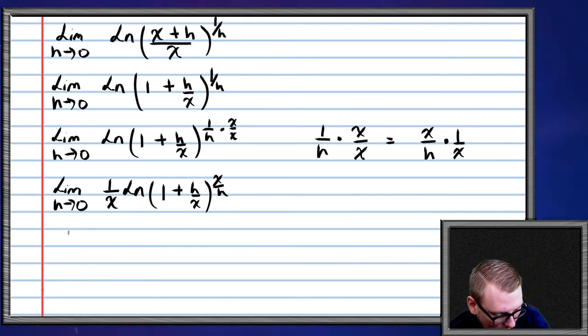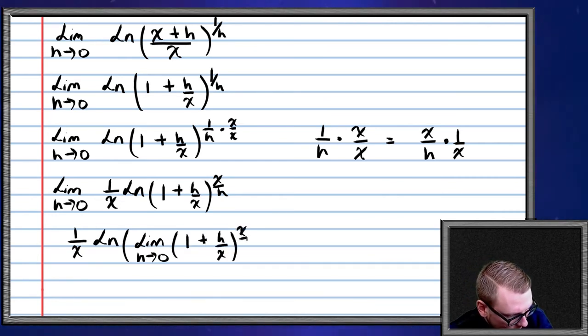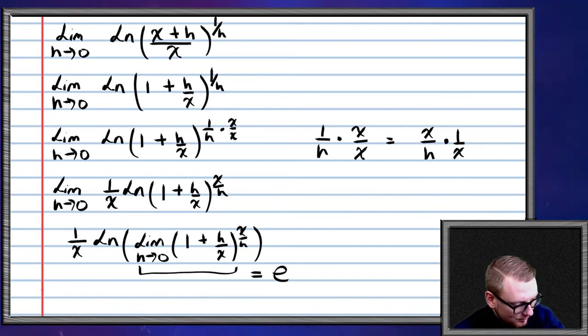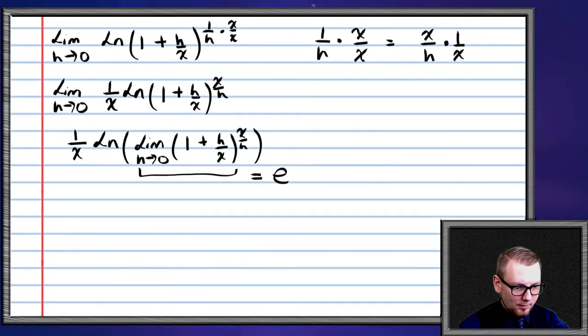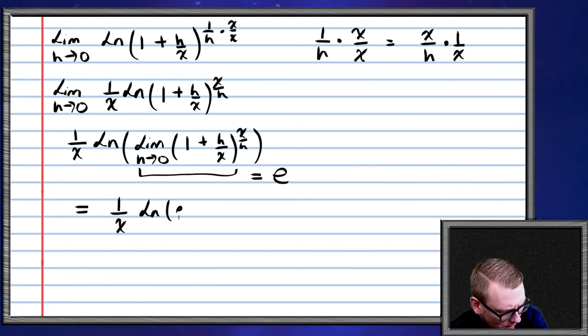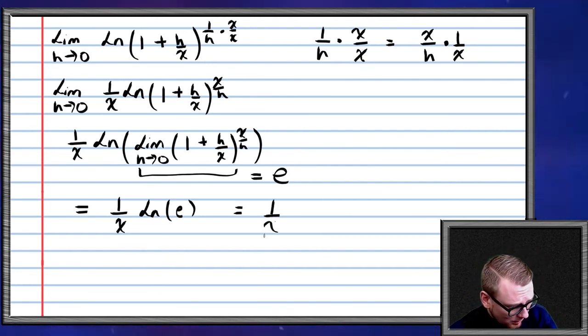So, we will have 1 over x times the natural log of the limit as h approaches 0 of (1 plus h over x) to the x over h. This right here is a definition for e. So, with that being said, this will then turn into 1 over x times the natural log of e. The natural log of e is just 1, so we get 1 over x.